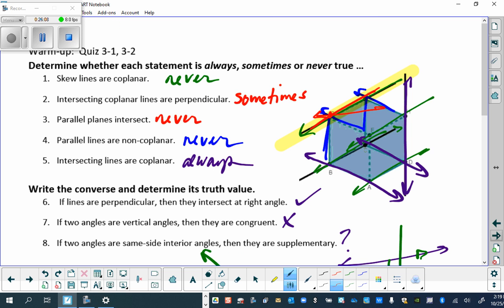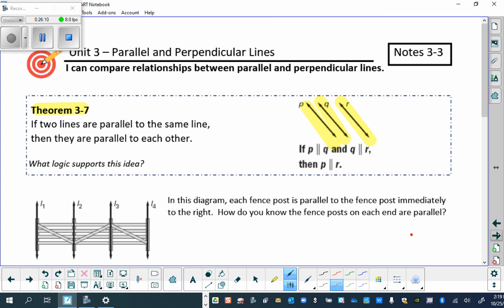Your homework tonight is going to center around 3 new but very obvious theorems that just require reading. And I'll bring these papers around to you while you're taking your quiz. If two lines are parallel to the same line, they're parallel to each other.